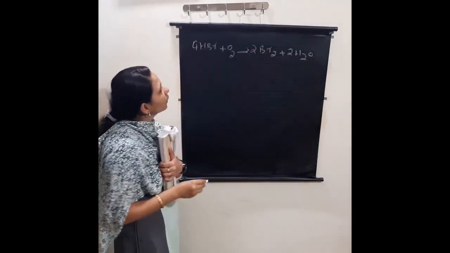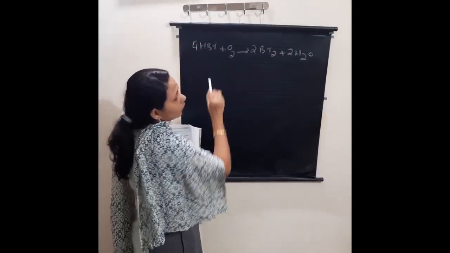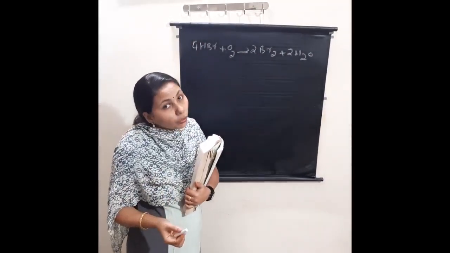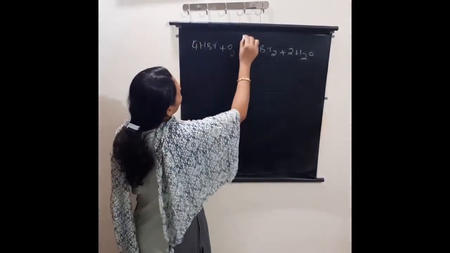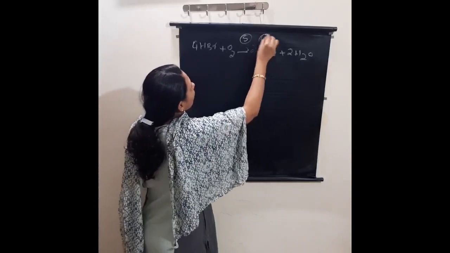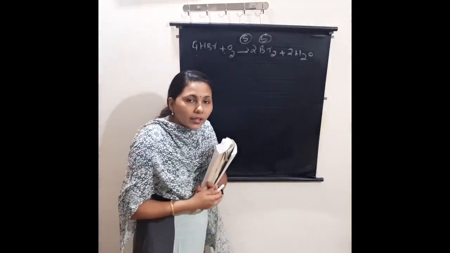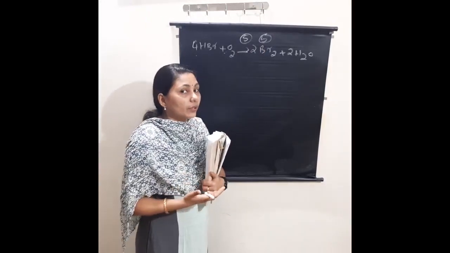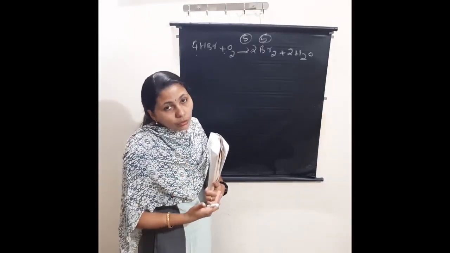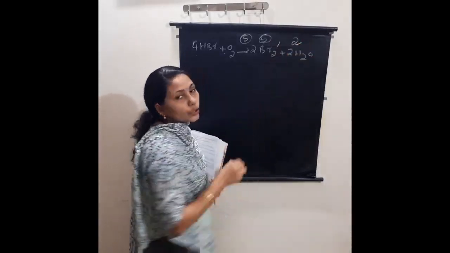How many molecules are there here? 4 plus 1, 5. So we expect the molecularity to be 5, and the order also 5, because it is 4 plus 1, 5. But the actual molecularity and order of this reaction is found to be 2.